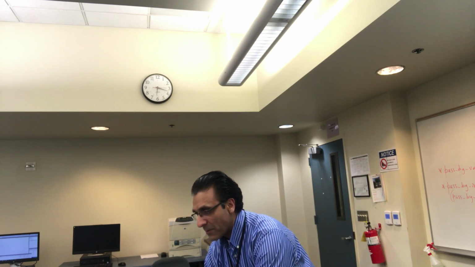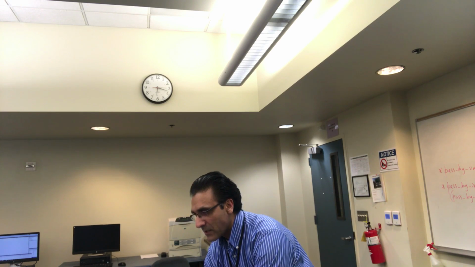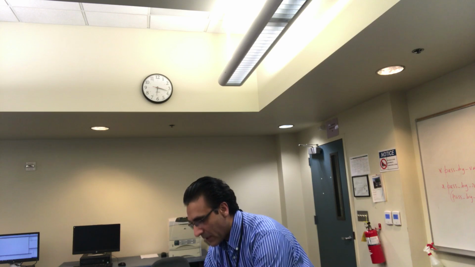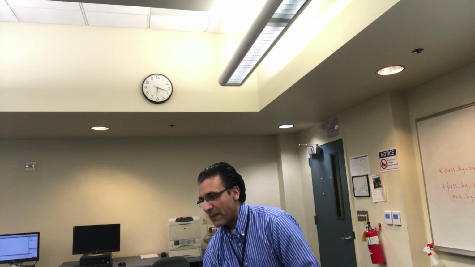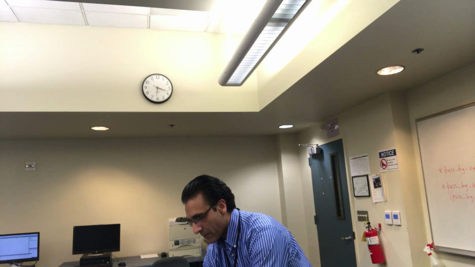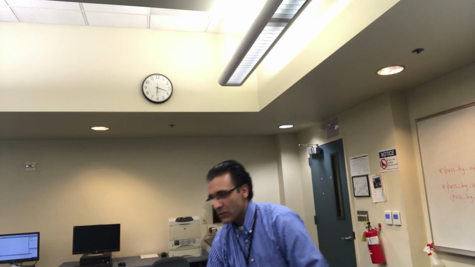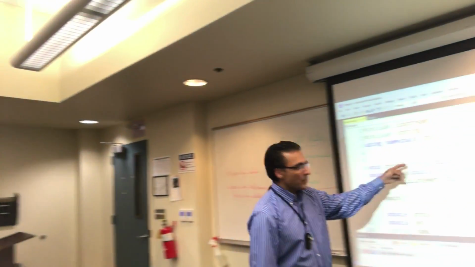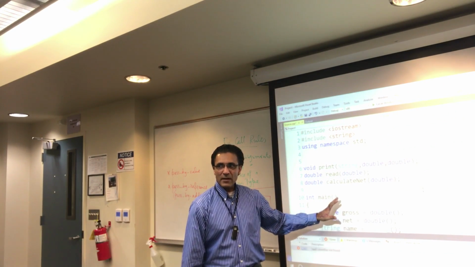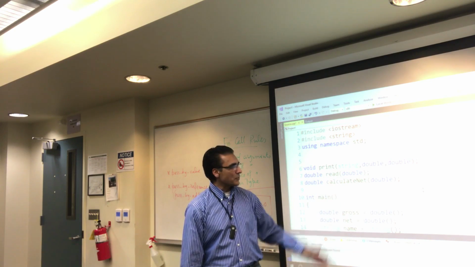Also, the names of these variables are optional. So if in a prototype you want to get rid of the names of the variables, that's perfectly fine. Typically, you will find prototypes look like this. So if you see something like this, that's perfectly fine. The names of these variables in the prototype, not in the body of the function, not in the header of the function, just in the prototype, are optional.